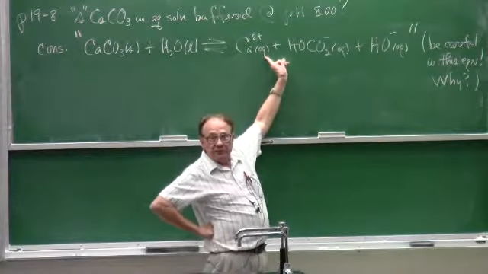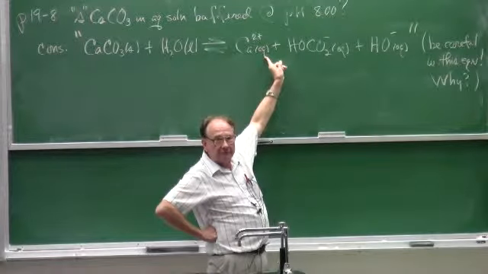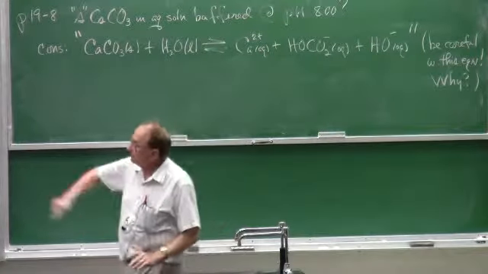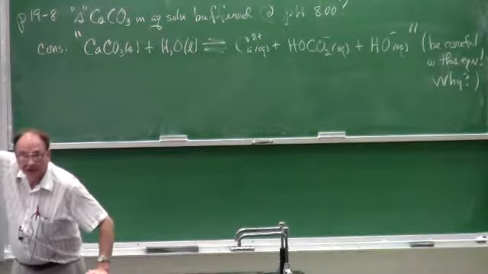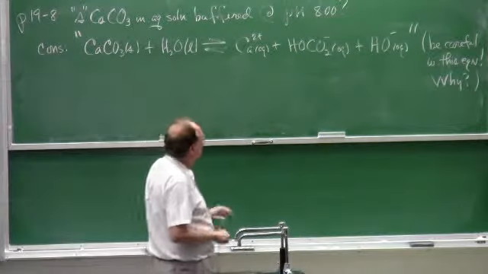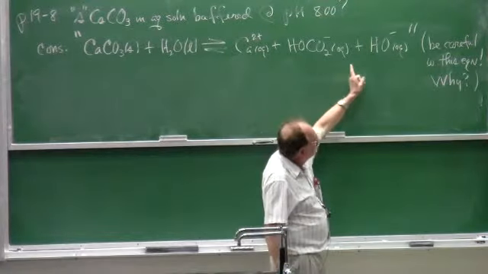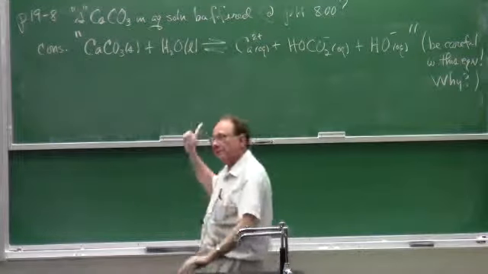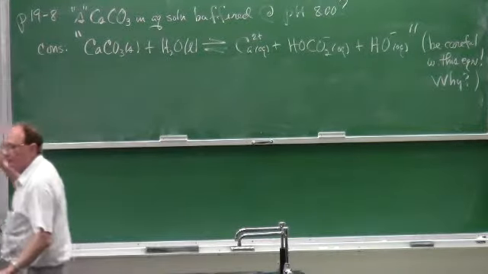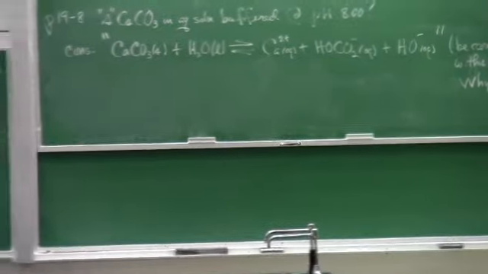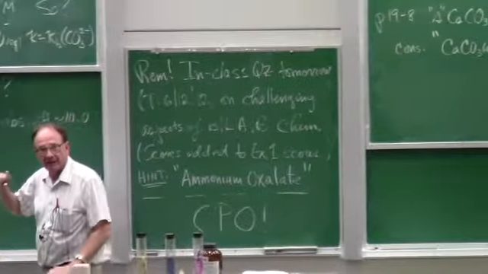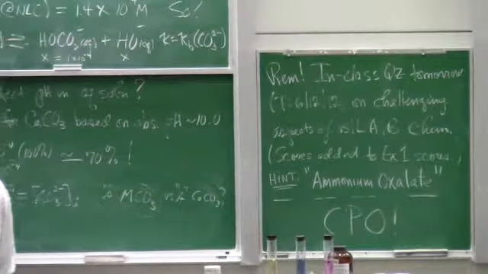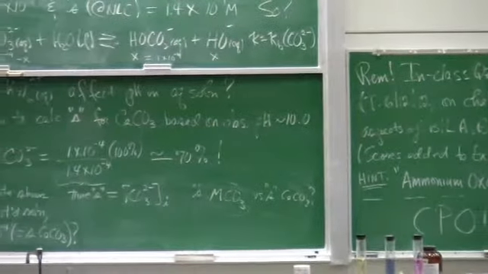A, recognize where this equilibrium reaction comes from. Hint, see what's on that slate. And B, recognize why you have to be careful with this reaction, because this reaction is not interpretable stoichiometrically. Answer those while I go get my wedge for this board.